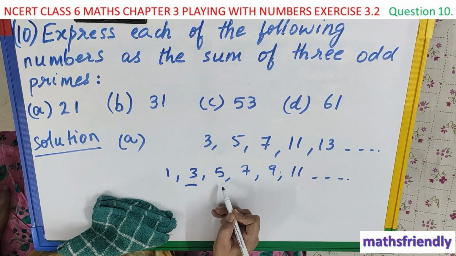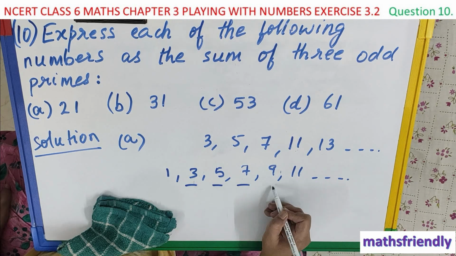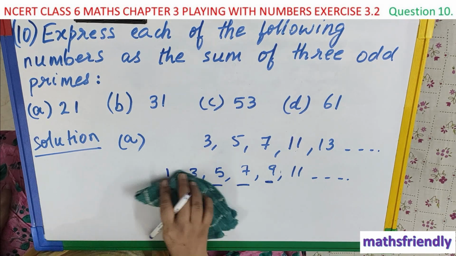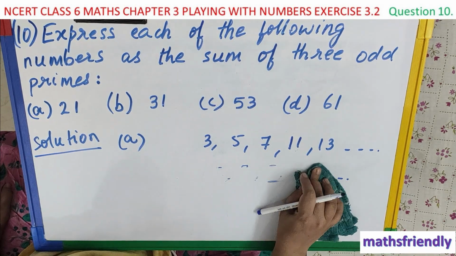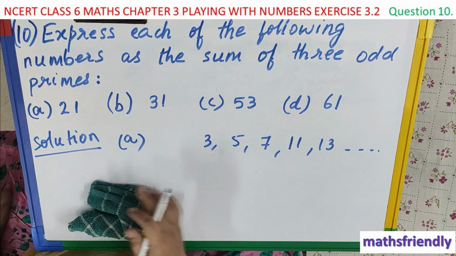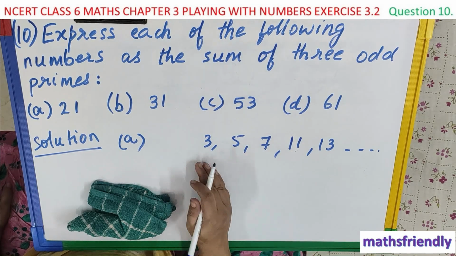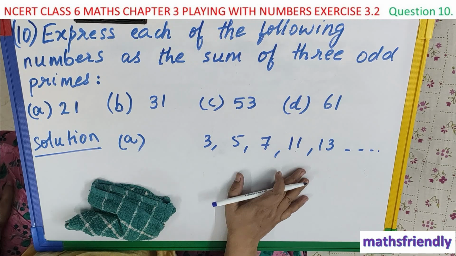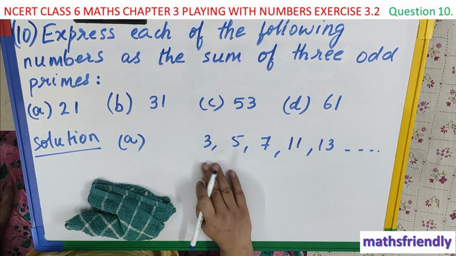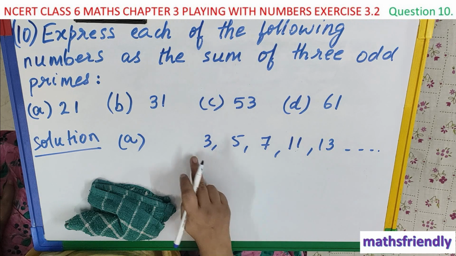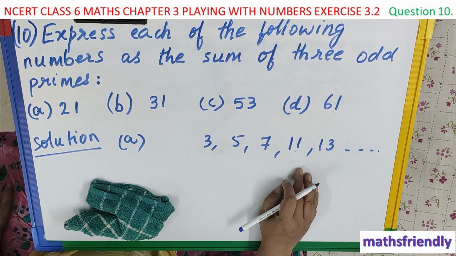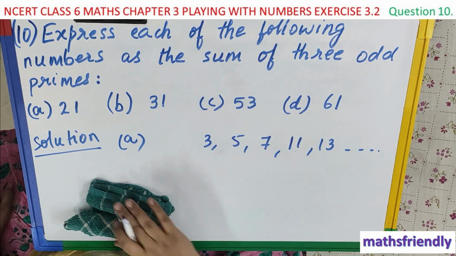This one is prime, this one is prime, but this 9 is not prime. So first we write the list of prime numbers, and then we remove 2, because all prime numbers are odd except 2. Then we get the list of odd prime numbers.